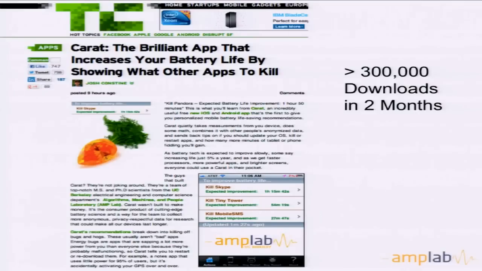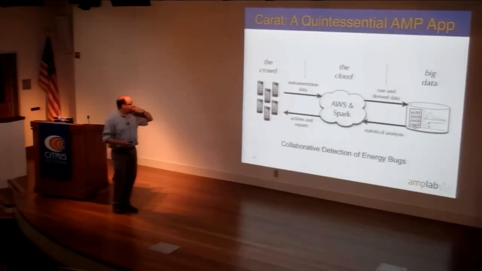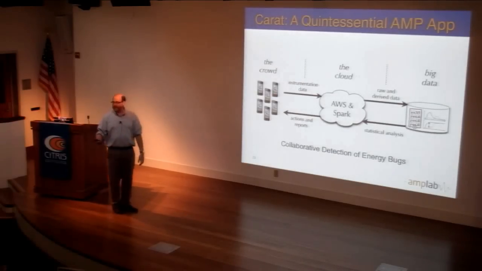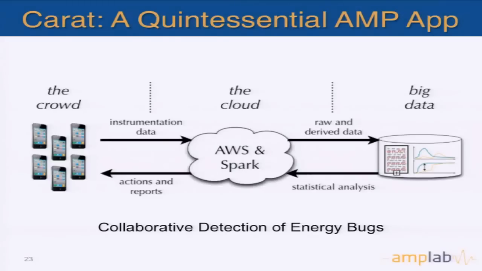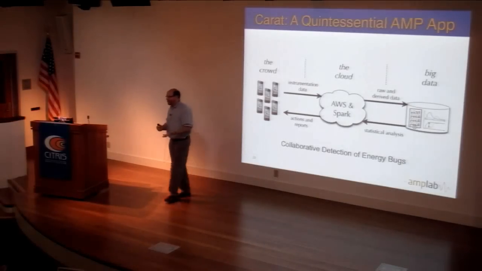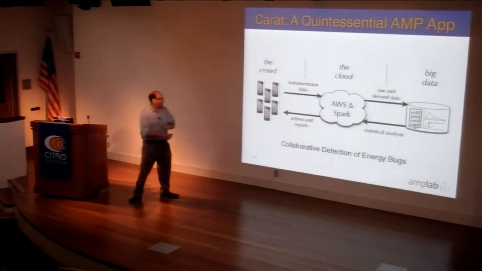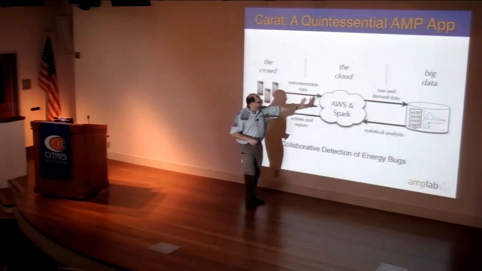Another app that some of you might have heard about was an app we released called Carat, which, I mentioned it, you'll hear about it tomorrow, but it's sort of the quintessential AMP application. It crowdsources information from hundreds of thousands of cell phones about what applications are running, how they're using the batteries, and so on. It brings that into the cloud.